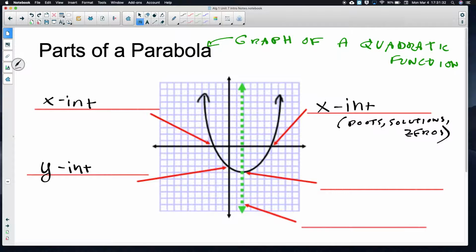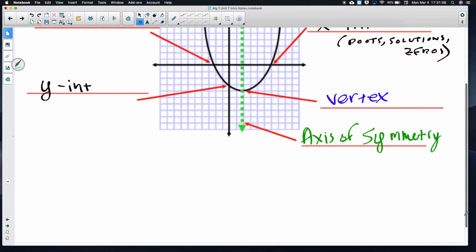A couple of the new things is that this red arrow right here is pointing to my vertex. And that's either going to be the lowest or the highest point of a parabola. And then pointing to this green arrow, that's called my axis of symmetry. And we are going to abbreviate that with AOS for short.